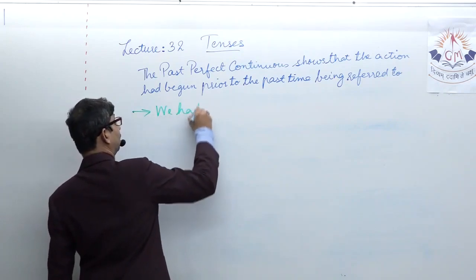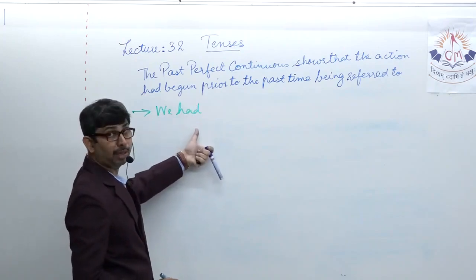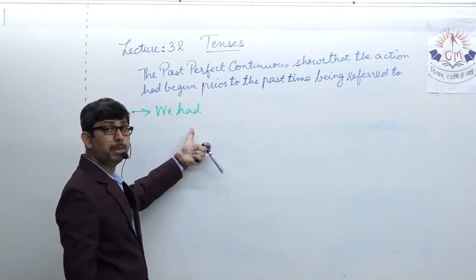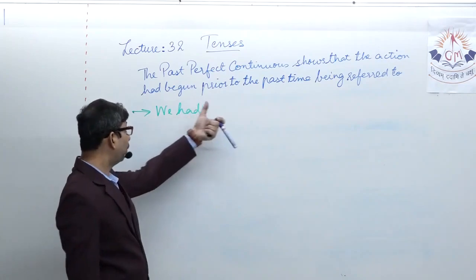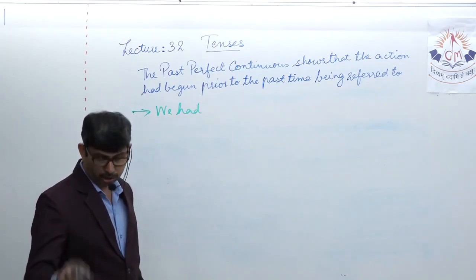We had. Now see, because it is a perfect tense and a continuous, we need both of them. We need the auxiliary verb, which will be provided by the word had, and we need a continuous. So whatever verb would be used over here would be in the ing form.